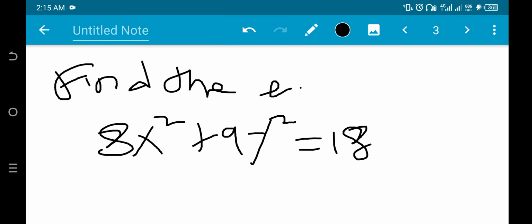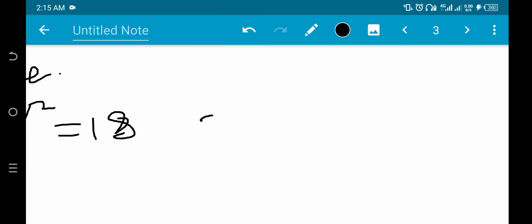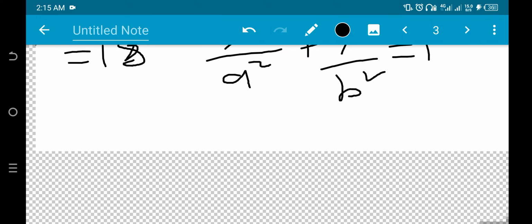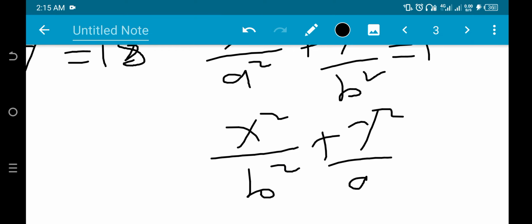Now for the ellipses, you know that our formula needs to look like this: x squared divided by a squared plus y squared divided by b squared equal to 1, or vice versa, x squared over b squared plus y squared over a squared equal to 1.